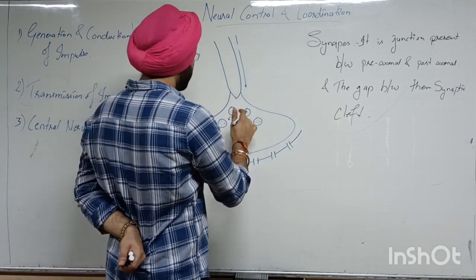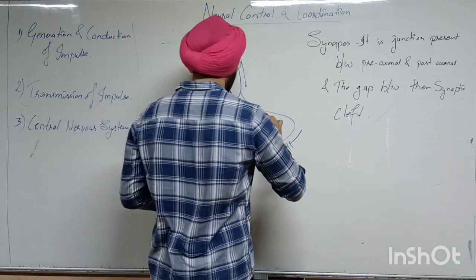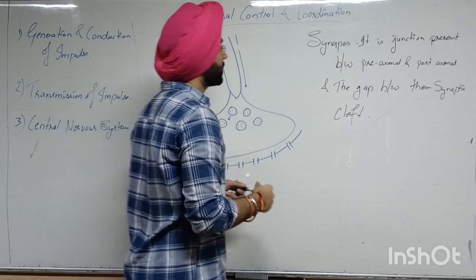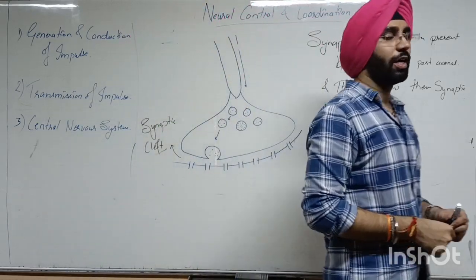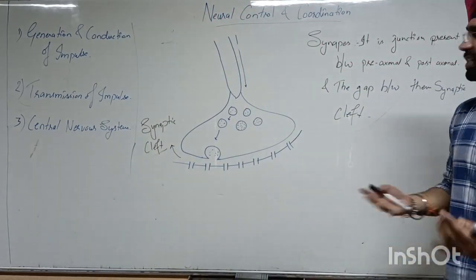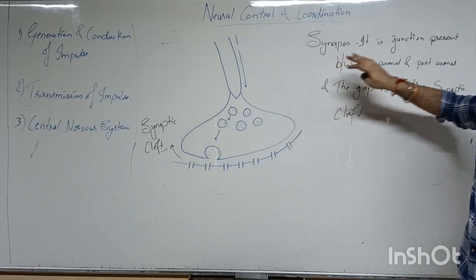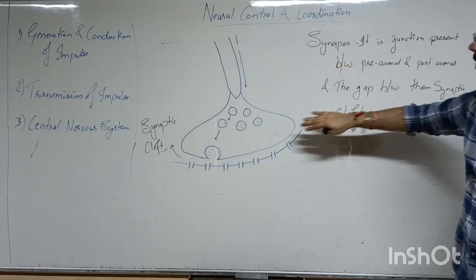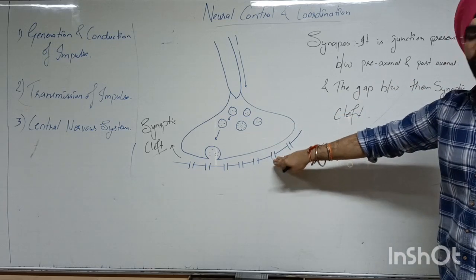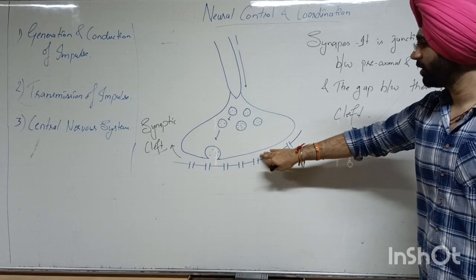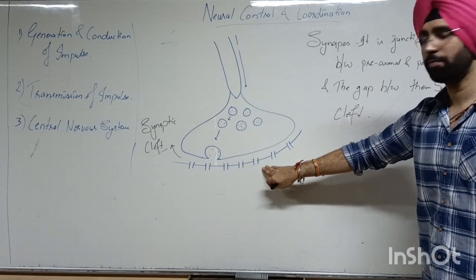These vesicles are filled with a chemical known as neurotransmitter, and this is the axon part and this is the bulb-like structure, the synaptic knob. So what is the synapse? The synapse is the junction between the pre-axon like this and the post-axon like this. The post-axon is the next one, which is going to collect the neurotransmitter from this and generate action potential again.